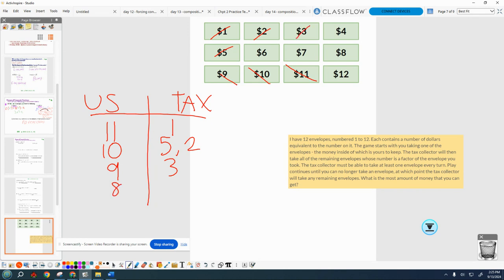You take 8, and they take 4. And then you take 12, and they take 6. And then you take 7, and they're gone. So 20, 30, 40, 57, and 14. Okay, so that's a way you can get $57.